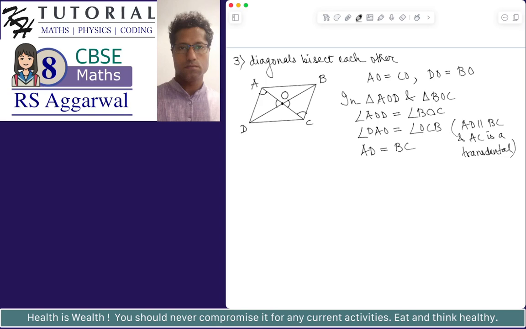We have to consider two triangles such that they have a common side. So sorry, this possibly won't work. Let me not delete it right away. Let me, for the time being, cross it. Okay, let's try some other two triangles.